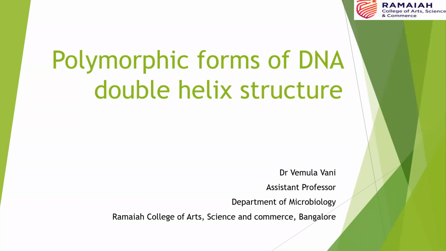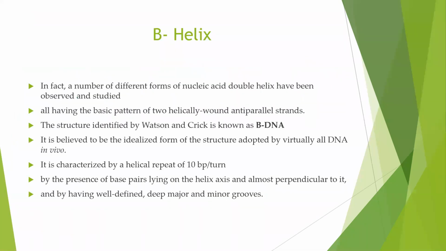So before going to the other alternative forms, let's quickly recollect the characteristic features of the most stable form of DNA, which is B DNA, that we had already discussed. All these different forms of the DNA double helix structure have two strands of DNA that are helically wound anti-parallel to each other.